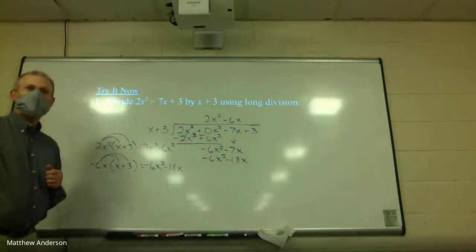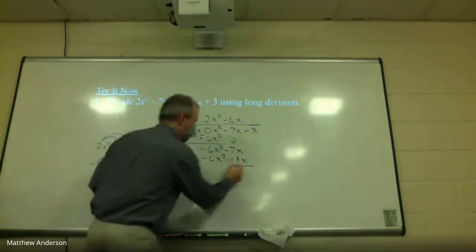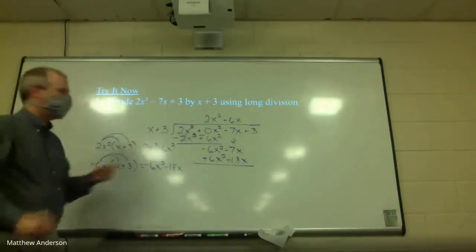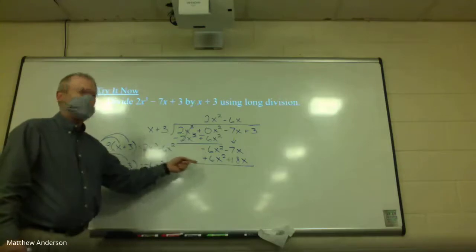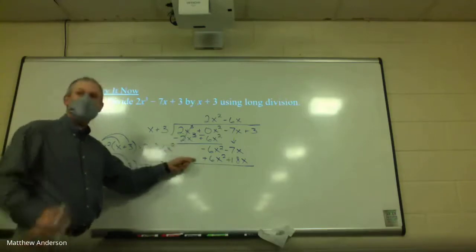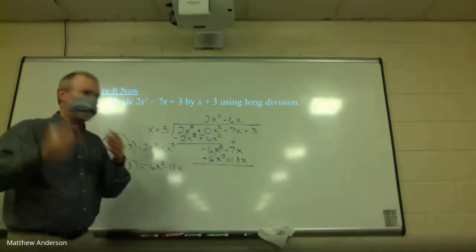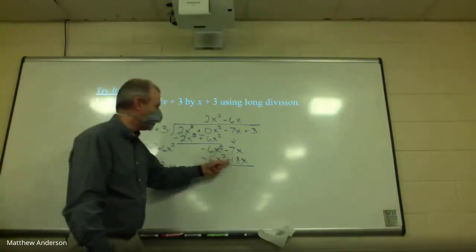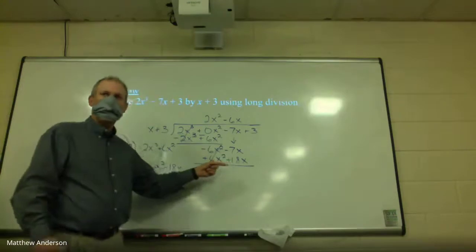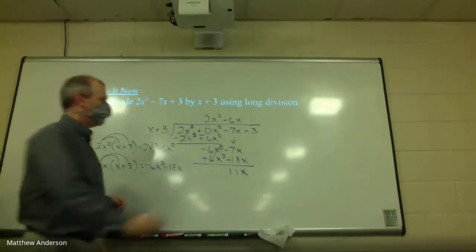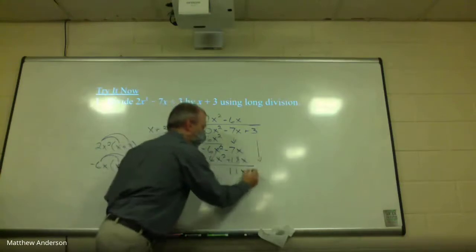And we want to subtract, so we draw the line and change the signs. And what happens with the first one? Make sure it does cancel, negative and positive. Make sure you did it correctly. And then negative 7 plus 18 is 11x. And then we bring down the 3.